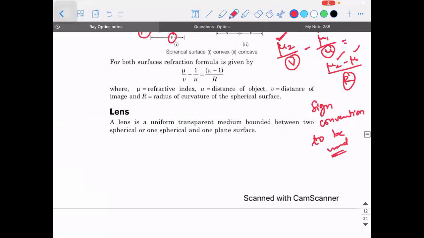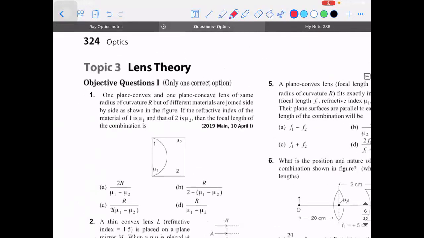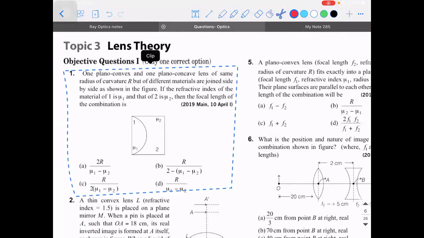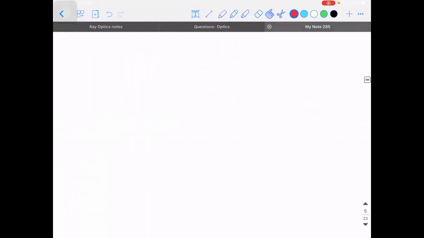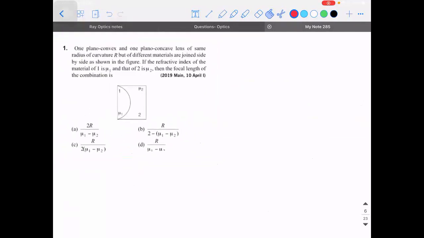Okay. So we will try one problem and see. One plano-convex lens and one plano-concave lens of the same radius of curvature, but of different materials, are joined side by side.